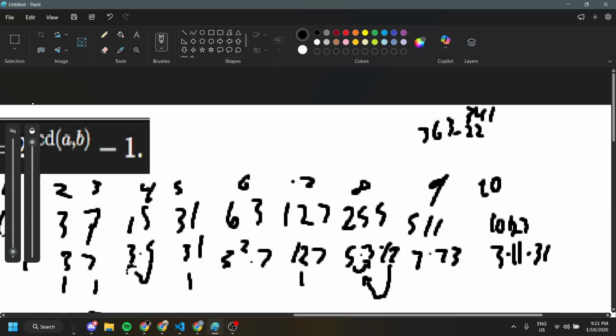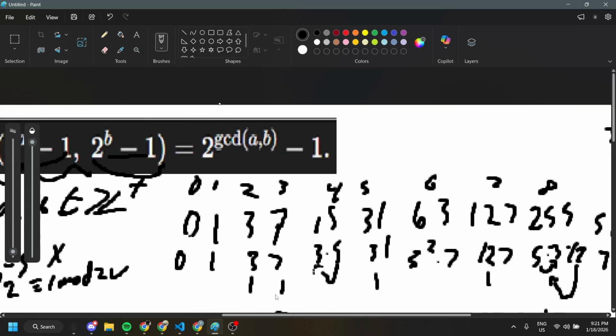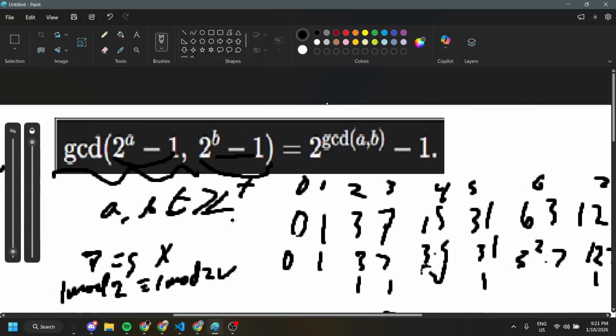So we're seeing previous numbers here, which of course would make sense if they do have a GCD of 2 to the something minus 1.